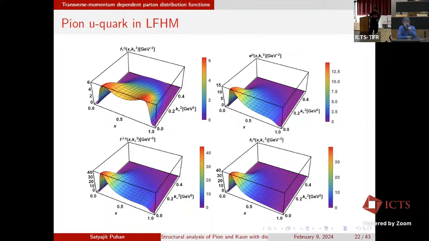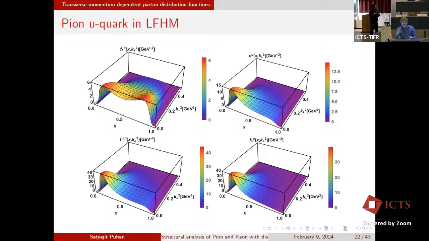You see that this surface is already at 10, 20, 30 when x is still in the valence domain. I would expect the peak to be much narrower, because from that plot I deduce that the twist 3 object is much larger than the twist 2 one, which is not very reasonable.